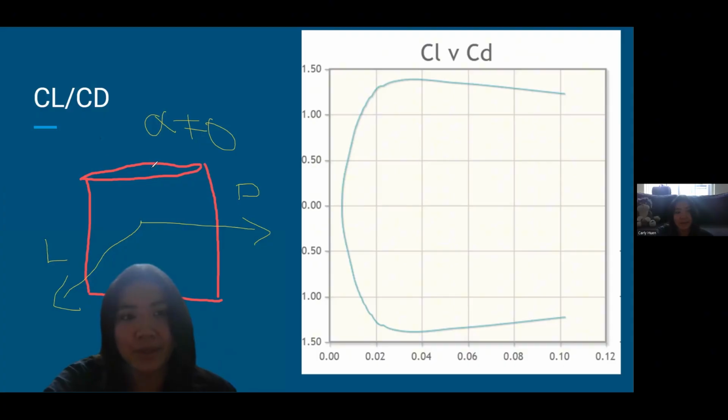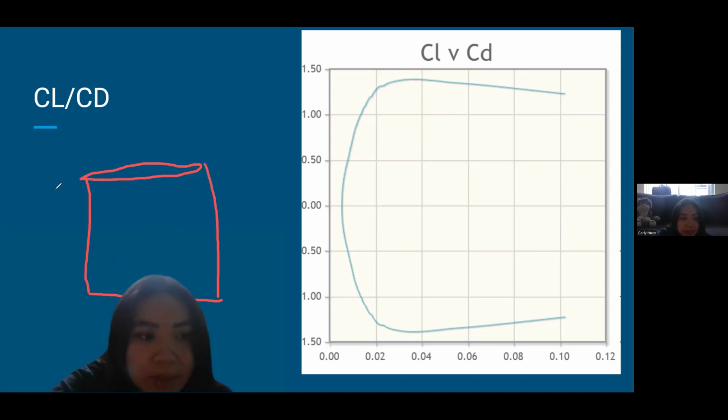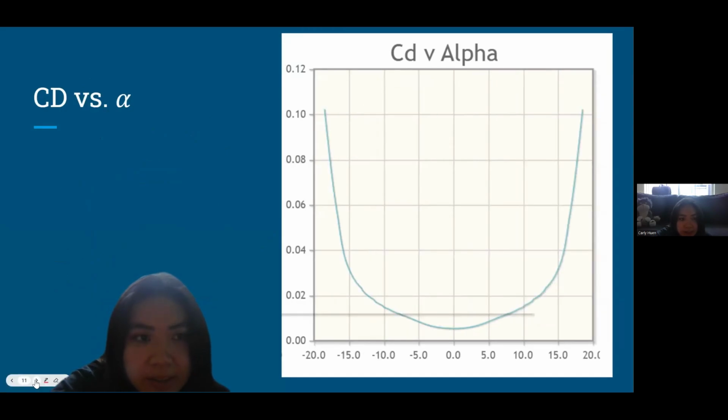But we want this to definitely be more than zero, and how much more than zero is the question we're dealing with. And when we steer, we don't want too much drag force, because after all, we are in a race. All right, next slide. That's all I have to say.